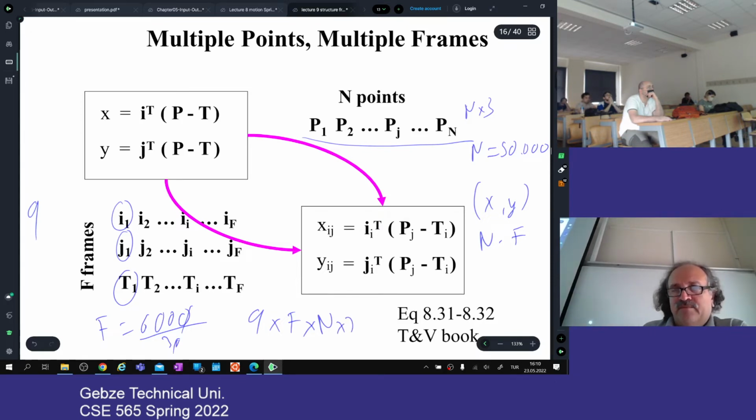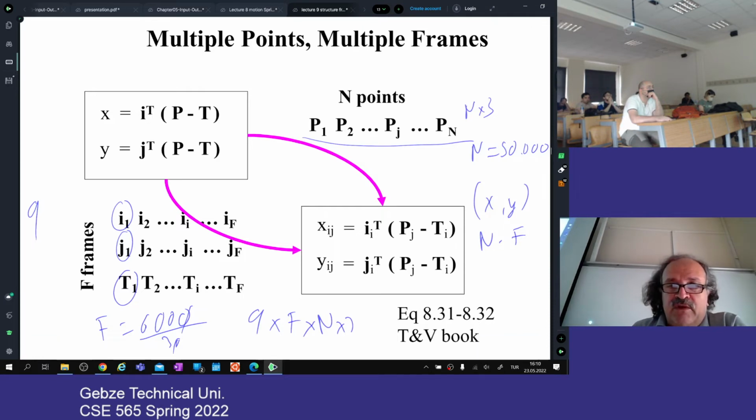unknowns, right? So f times n is what? 50,000 and 300 million. We are talking about 1 billion unknowns, right? So we should come up with a linear system that should give us a solution for 1 billion unknowns.